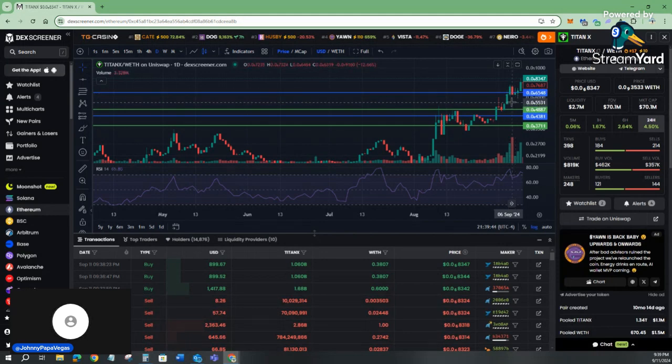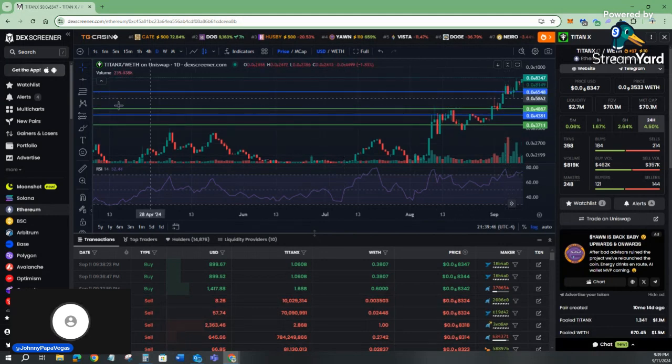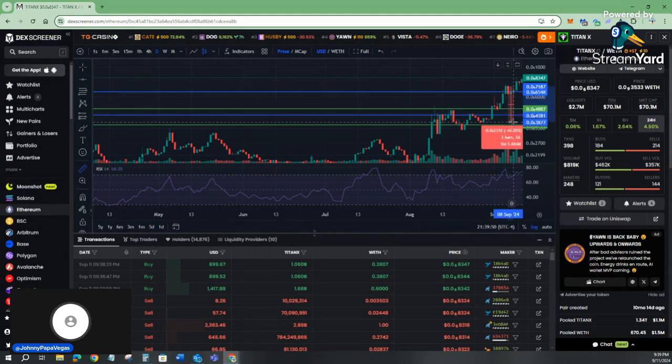I basically have price protection from here to here. That's a 48% USD price differential. So as far as the ratio of TitanX to ETH goes, it's a decent amount. I don't know exactly what that ratio would be, because Ethereum price could be doing something different, but let's just say I have a lot of protection to the downside.